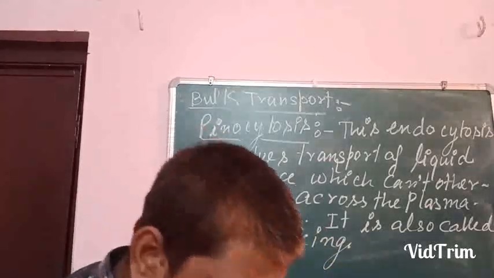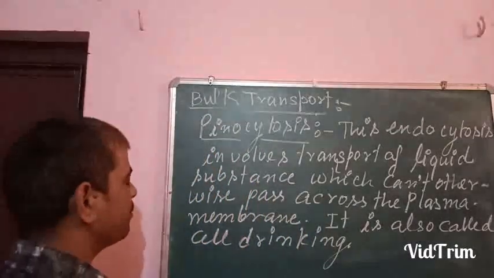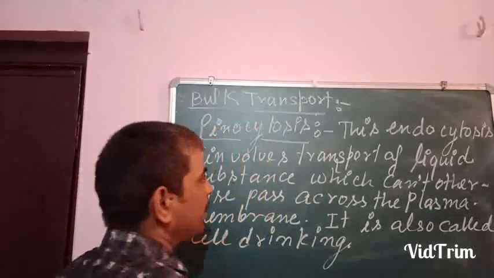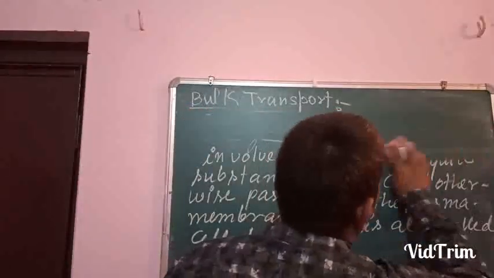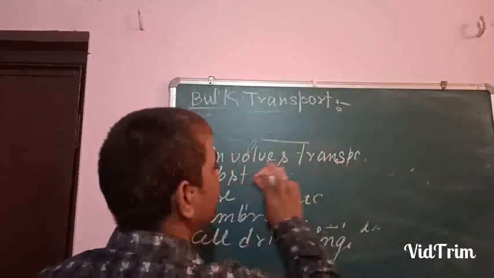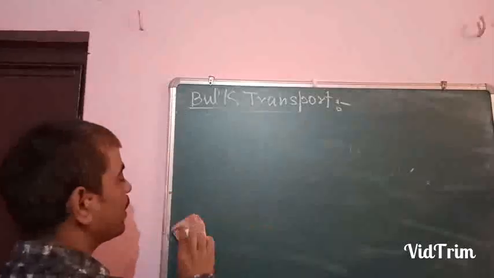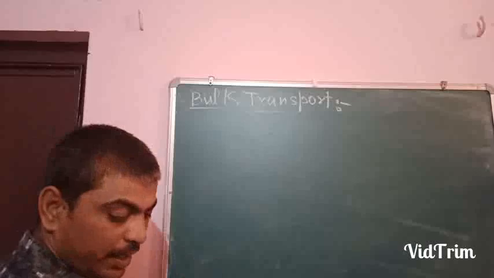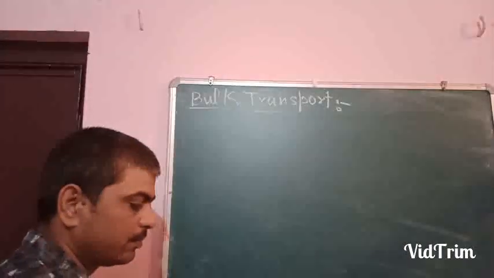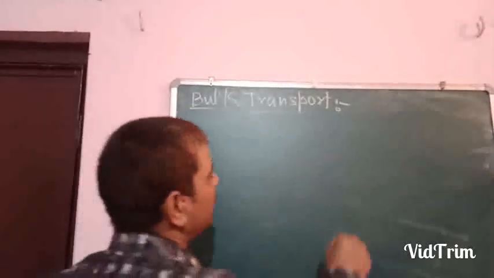Okay, you can take an example to understand this mechanism. Let's take the example of amoeba. Amoeba is a single cell body and it absorbs liquid droplets like vitamins and other substances from the surroundings by this mechanism.